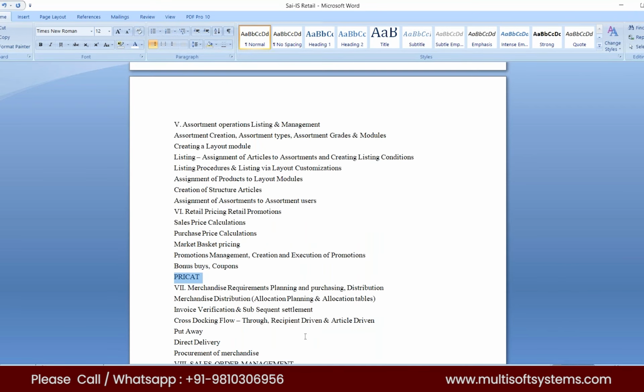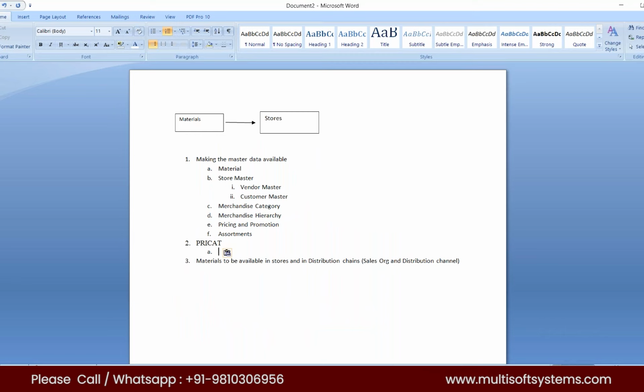Do you have any idea about PryCat? Have you worked on PryCat by any chance in the past? Okay, no. PryCat is nothing but the price catalog item. For example, if you go to Tanishq in India today, they will give you a catalog, right? The catalog comprises the item as well as its corresponding price. For example, if you own a retail store in your own place called Sai Retails, and you plan to sell Nike and Adidas shoes, you will look through the catalogs of Nike and Adidas, and you will not buy all of those, right?